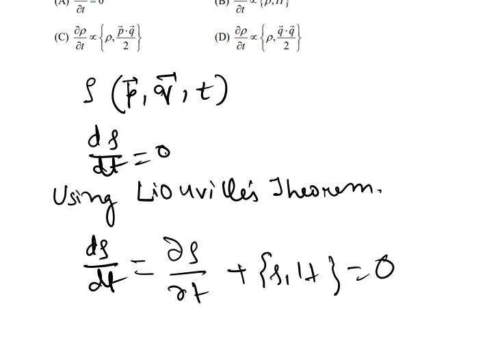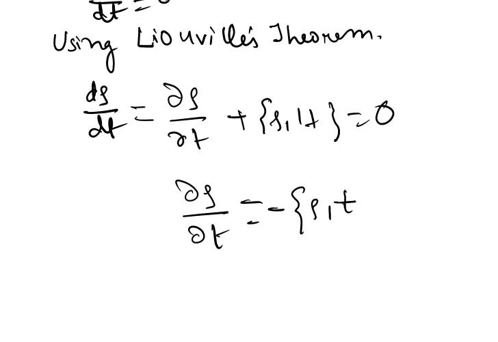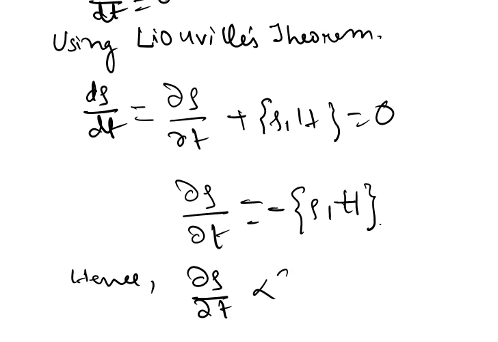This implies that ∂rho/∂t equals minus the Poisson bracket of rho and H. Hence ∂rho/∂t is proportional to the Poisson bracket of rho and H. So it matches with condition B, meaning option B is our correct statement.